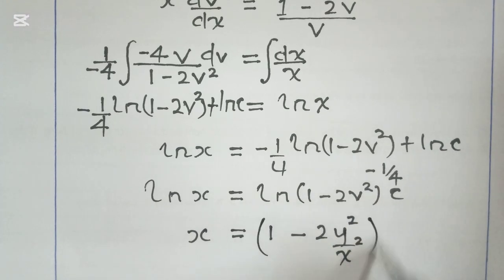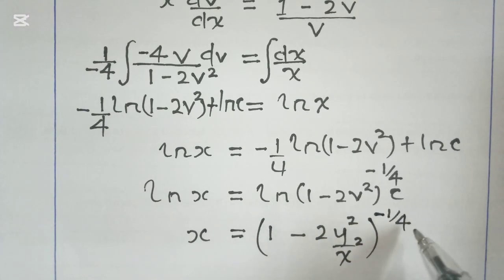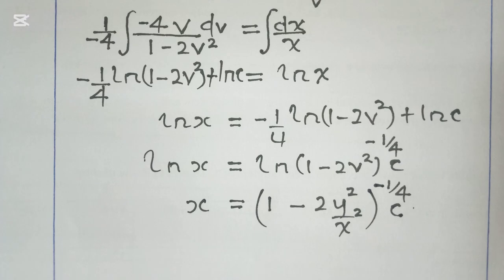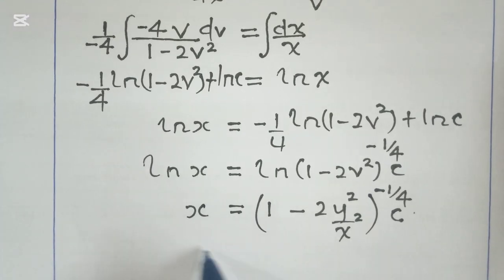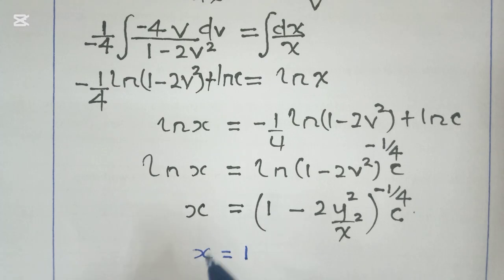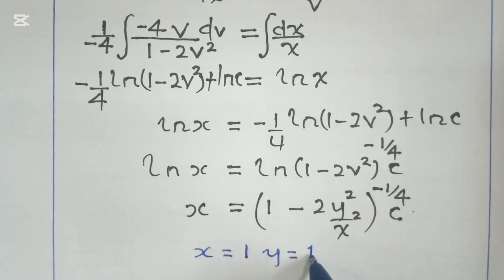And there, guys, we now write negative 1 over 4, and here we multiply by c. So, guys, from there we are looking for, with condition x equals 1 and y equals 1, we can now look for the value of c.